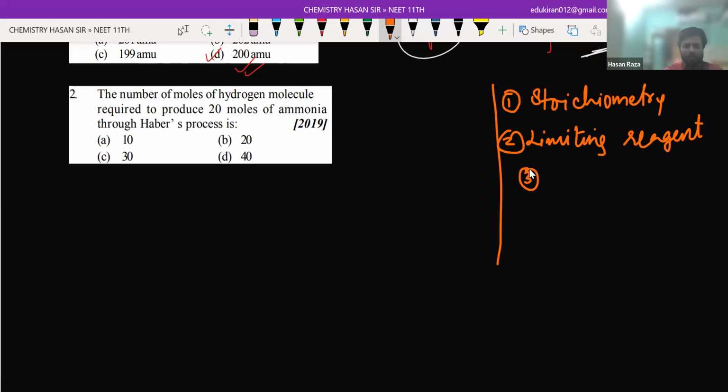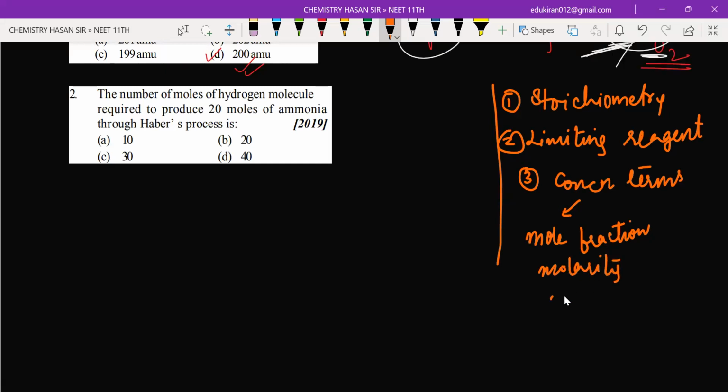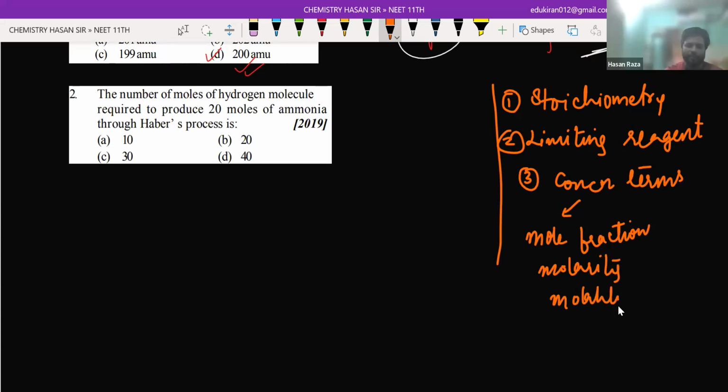Are you aware of concentration terms? Yes or no? Haven't you studied mole fraction, molarity? No, sir.